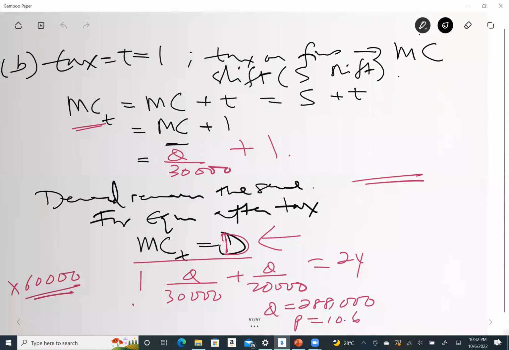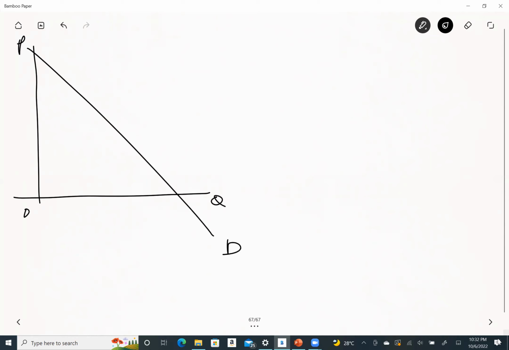What we need to look at is what is the firm price and what is the consumer's price. So I draw the diagram. I have the demand function going that way, the supply function, MC, and then the MCP.